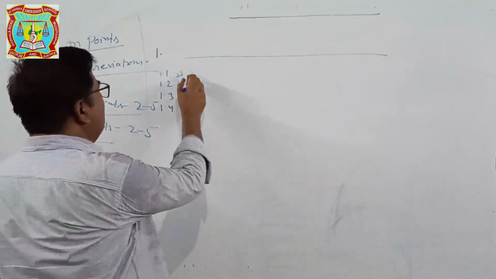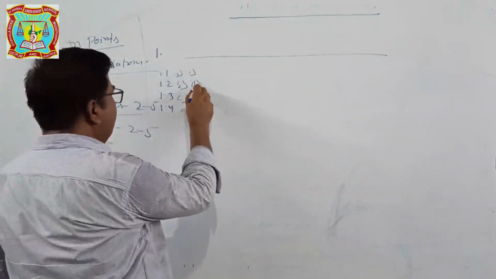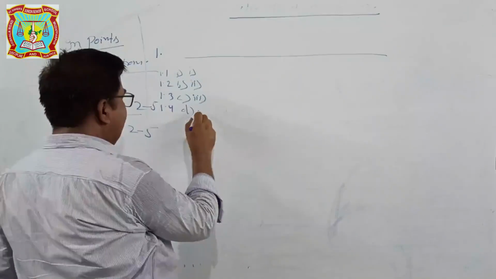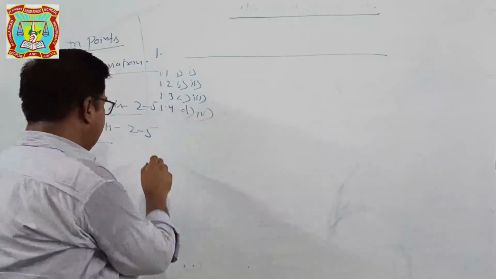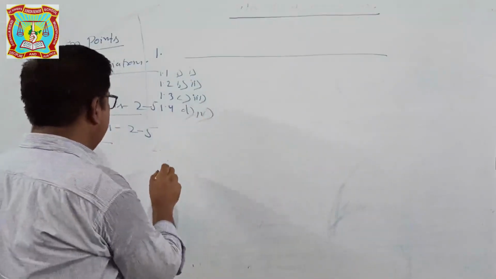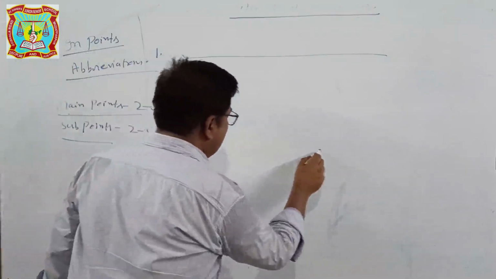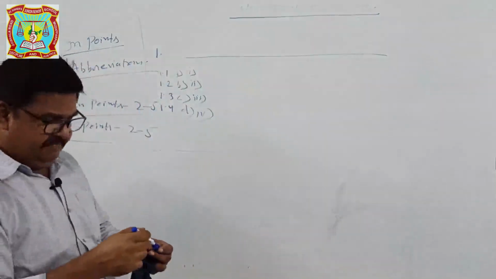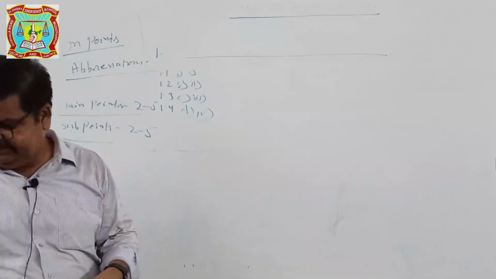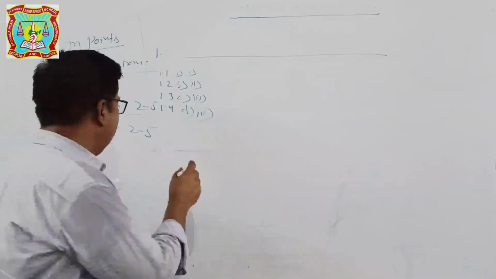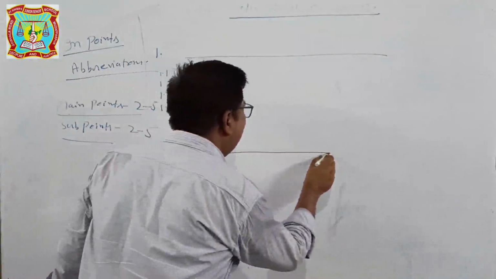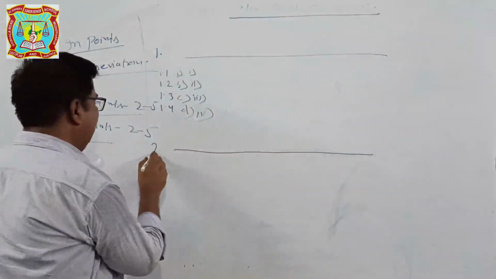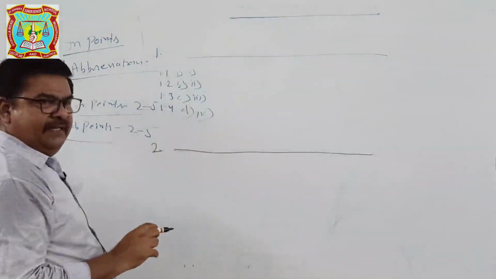You can also use Roman 1, 2, 3, 4. Likewise, this one is the second point.